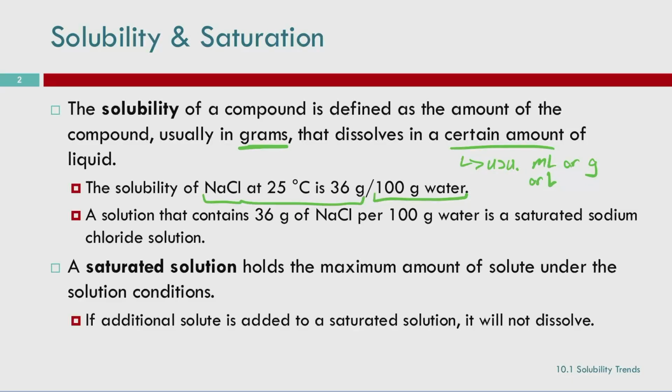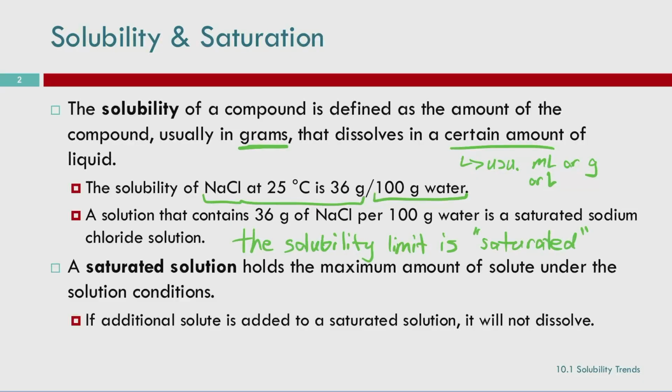If you get up to that amount, then that is what we would call a saturated solution. You cannot get any more salt to go into solution. So the solubility limit is saturated if you're at that amount.